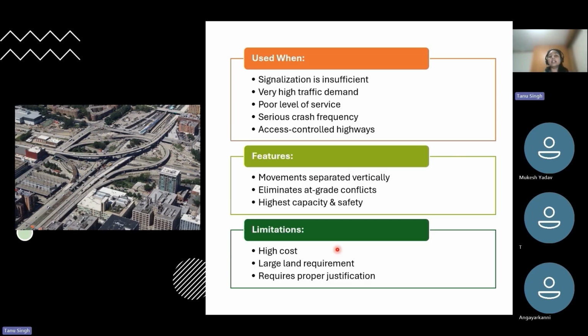We do not directly jump to grade separation. If we are at the first level, we try to increase the safety from level 1 to level 2, and if that is still not able to justify, we go from level 2 to level 3. We do not try to jump directly to the grade separation control system at an intersection.